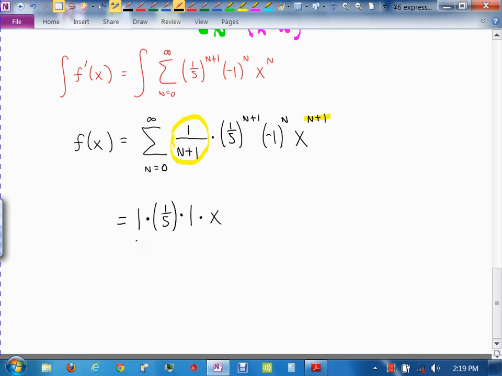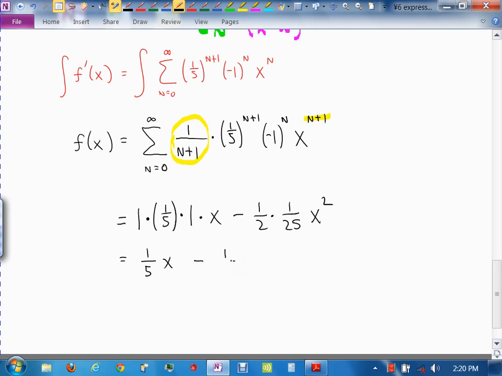So my first term is what? 1/5 x. Okay, my next one's going to be negative, isn't it? Because it's alternating. So I'm plugging in 1, I get 1/2 times 1/5 squared, which is 1/25. I already took care of the negative 1 to the first power, x to the second.